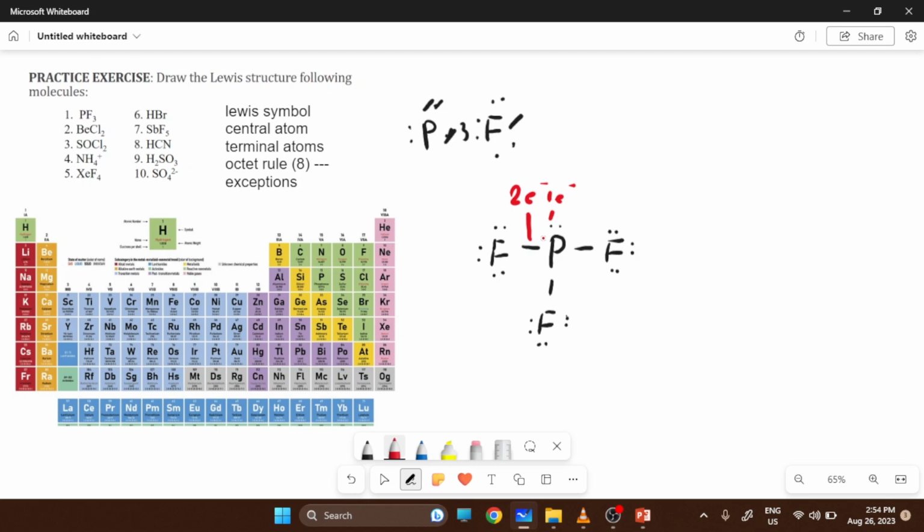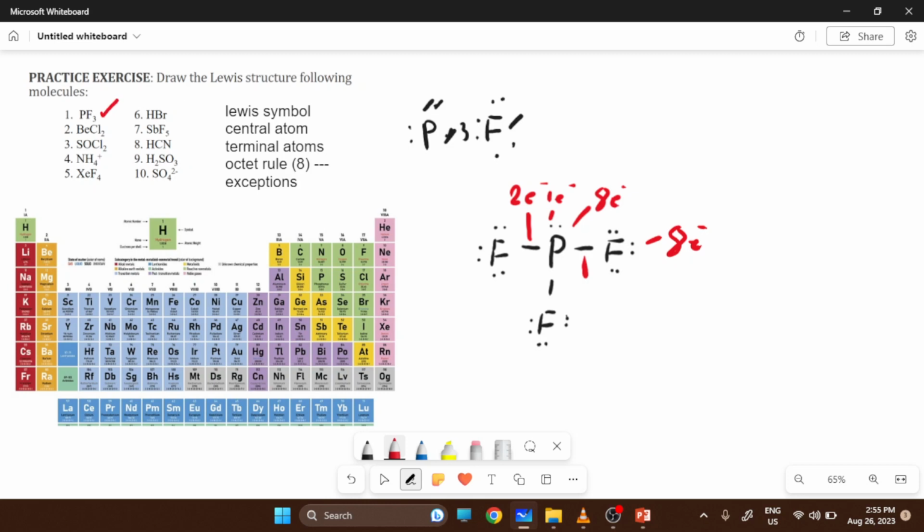For phosphorus, we count 2, 4, 6, 7, 8. So 8 electrons, satisfying the octet rule. For fluorine, 1, 2, 3, 4, 5, 6, 7, 8, because the bond gives 2 electrons. So octet rule. Keep in mind: Lewis symbol, central atom, terminal atoms, and octet rule. We're done with number 1.